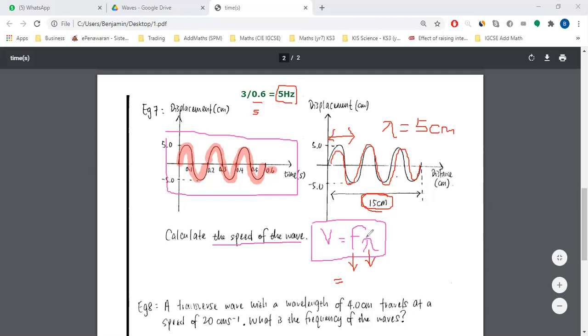So 5 hertz times 5 cm, you change to meters, so 0.05, equals 0.25 meter per second. That's the answer. That's the speed of the wave, 0.25 meter in 1 second.